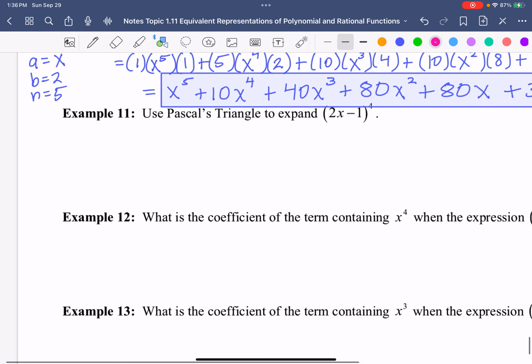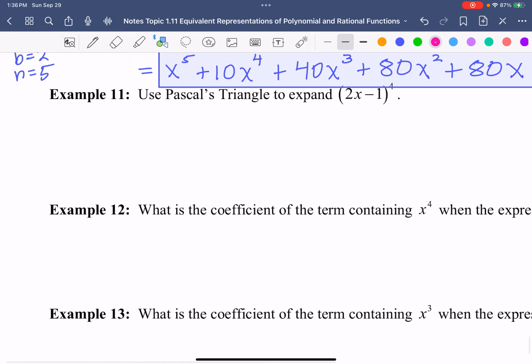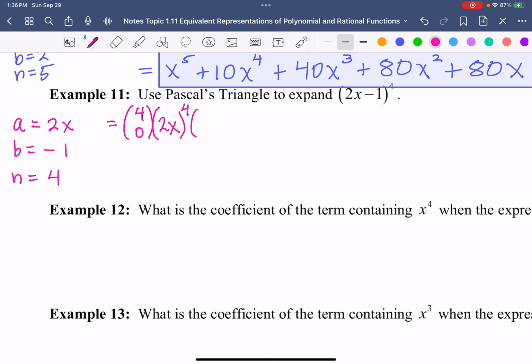Let's do example 11. We have a, b, and n as always the first step. A is the first term, b is the second, and n is the degree. You always start with n choose 0, multiply that by 2x to the power of 4 times b to the power of 0.